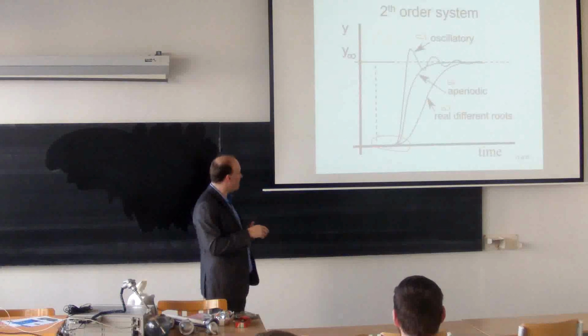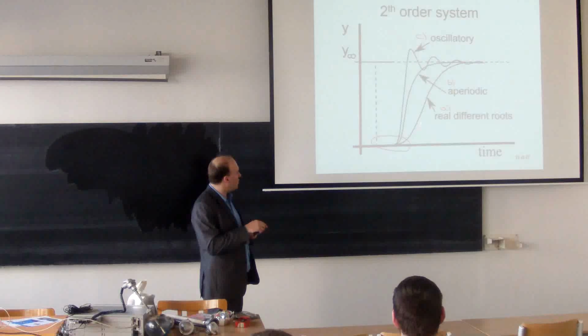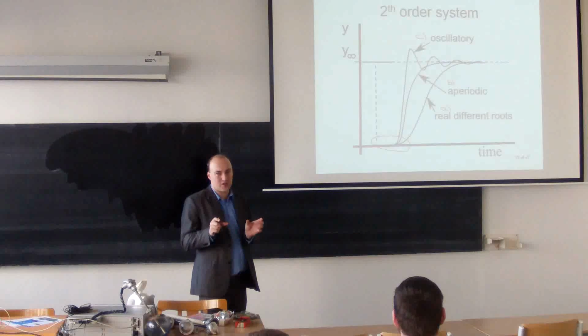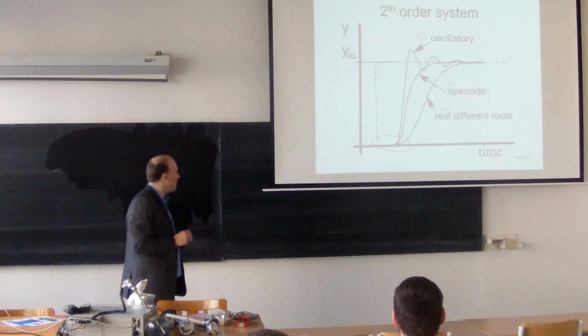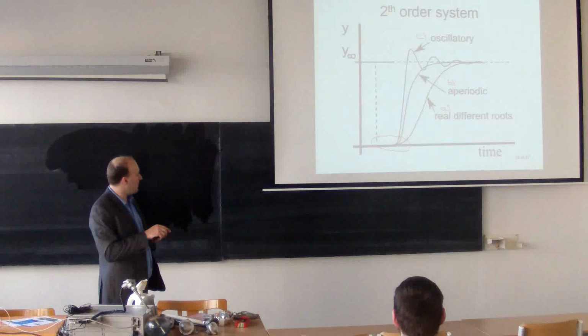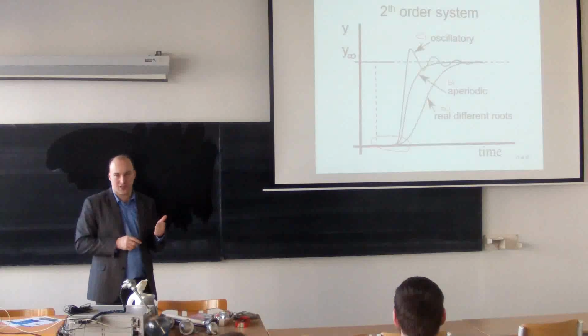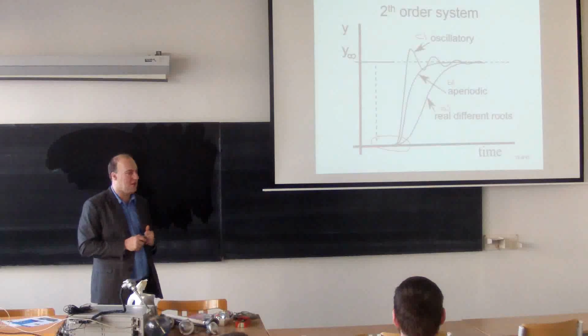There are 3 possibilities. If the roots of the differential equations are real and different, we will have a response in this form. Again, it's an exponential function, but there are 2 functions that are multiplied together. The second possibility is a little bit faster, and it is when you have real roots, but they are equal.